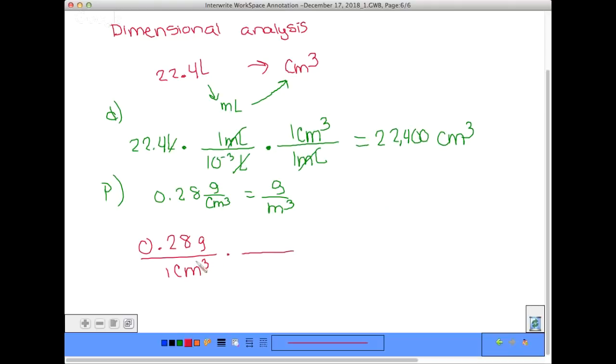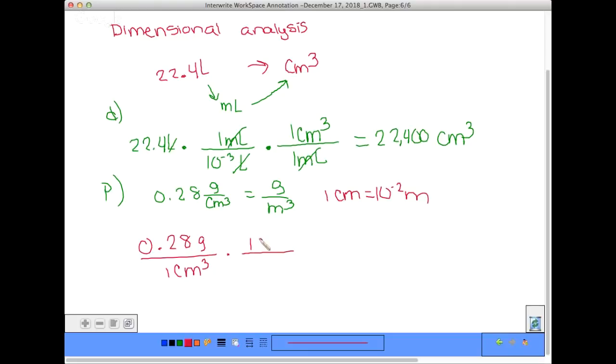I want to convert my centimeters into meters. I do know that 1 centimeter is equal to 10 to the negative 2 meters. If I want to convert this into meters cubed, I need to have 3 centimeters.